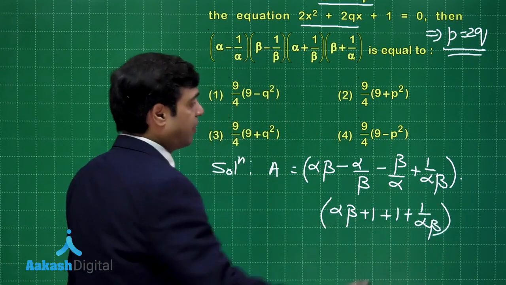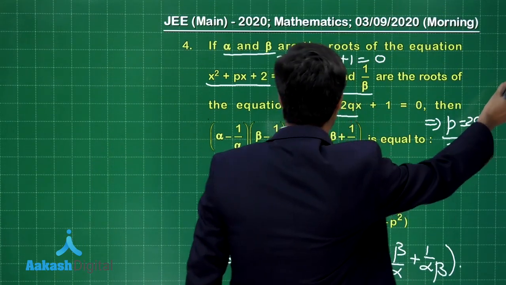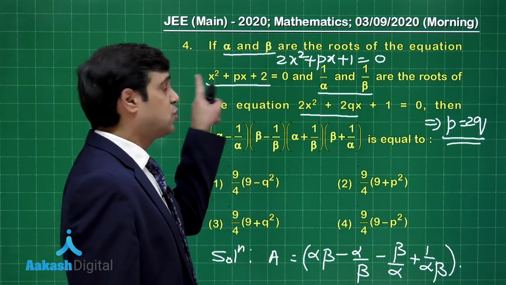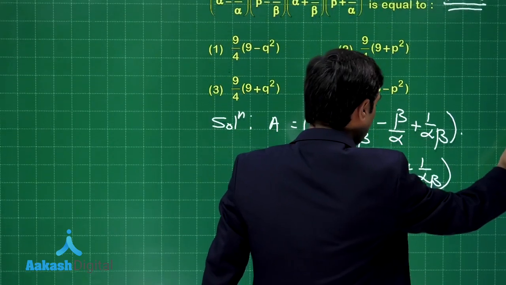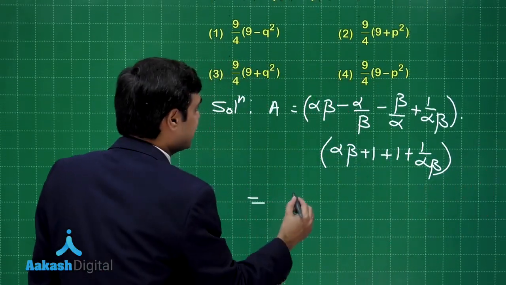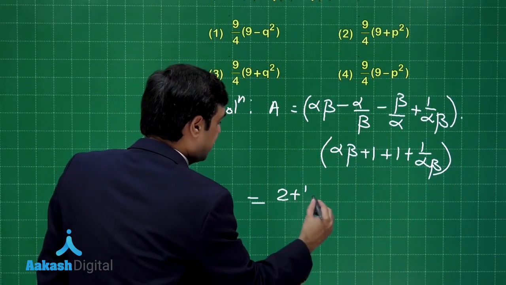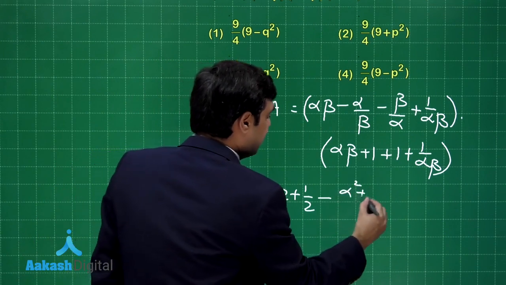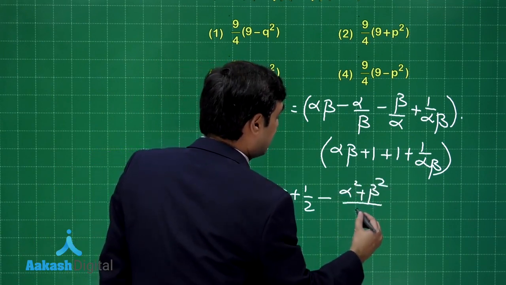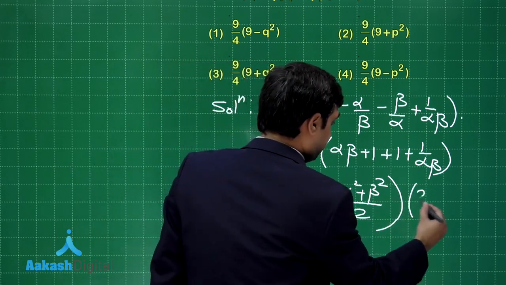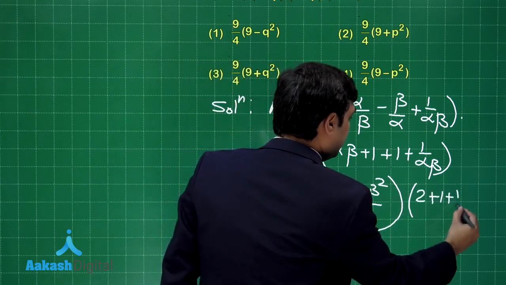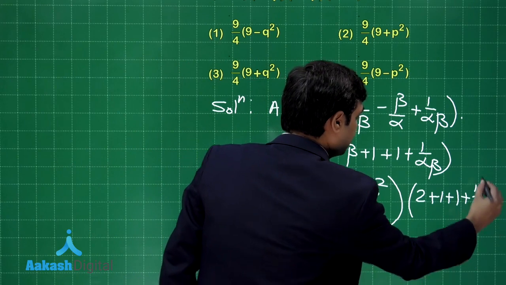Now the product alpha beta, when you see the given equation, you can say it is 2. From any of the equations, you will get the same product as 2. So this is 2 plus 1 by 2 minus alpha square plus beta square upon 2, multiplied with 2 plus 1 plus 1 plus 1 by 2.